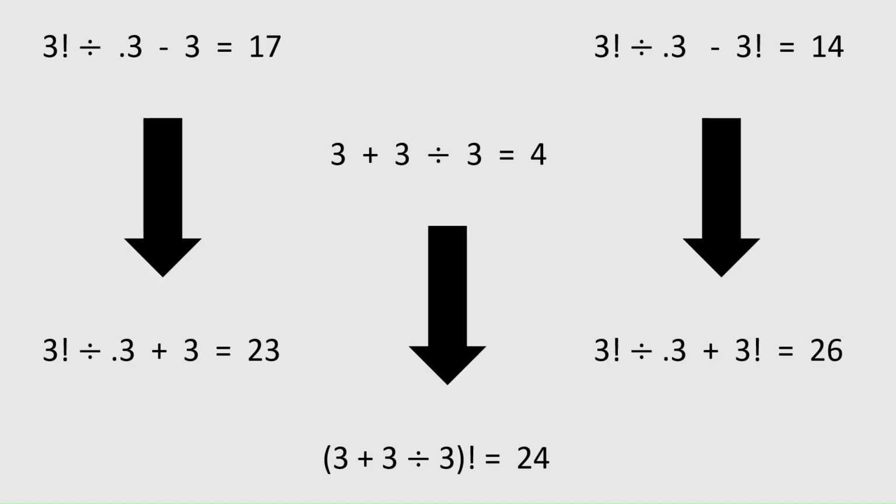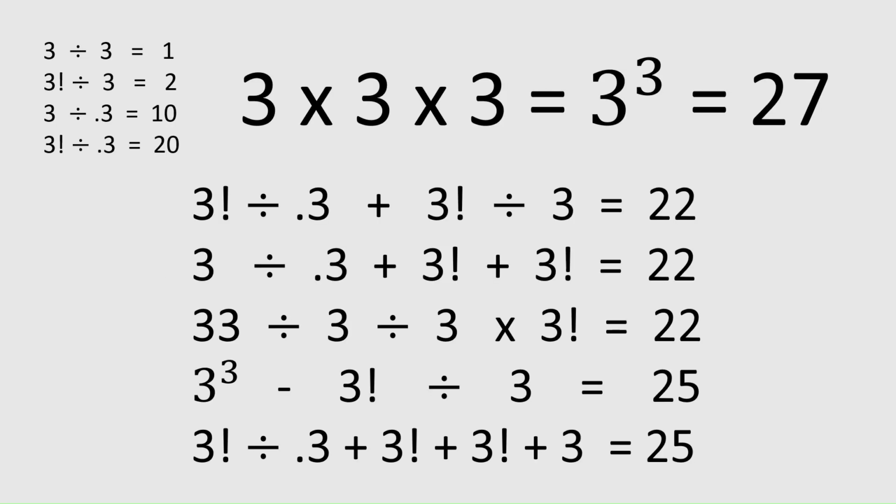Similarly, we can turn the formula for 17 into 23, the formula for 4 into 24, because 4 factorial is 24, and the formula for 14 into 26. However, try as we might, we cannot make 22 or 25 using only 3 threes, not even when we try and use 3 cubed to make 27.